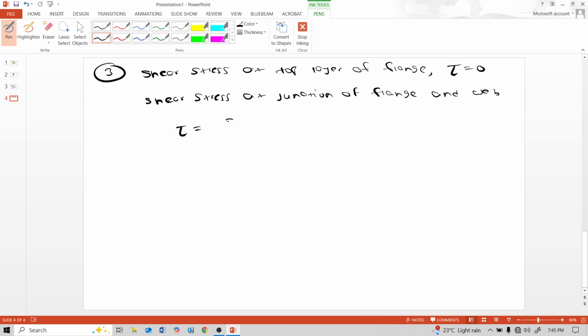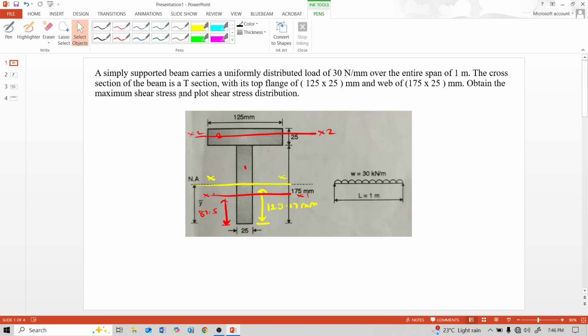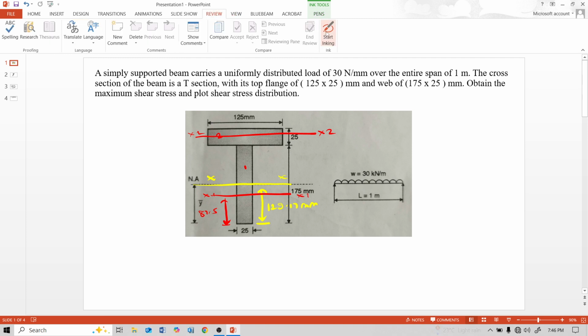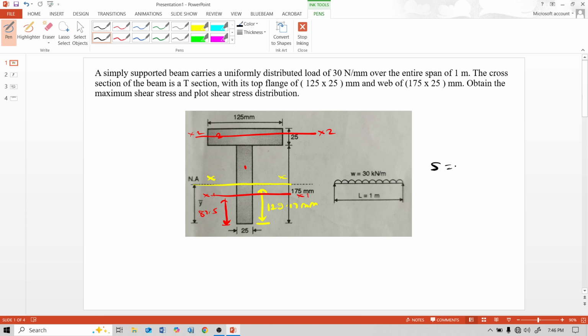Tau is equal to S A y upon B I. Shear force for this simply supported beam is S equal to WL by 2, W is 30, L is 1, divided by 2. That means the shear force is 15 kilonewton.